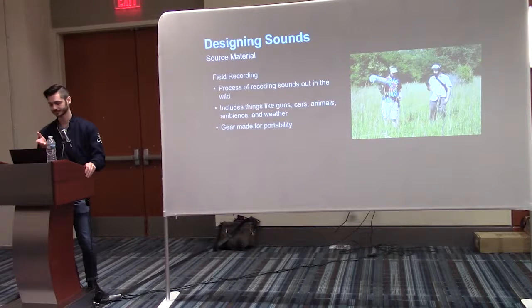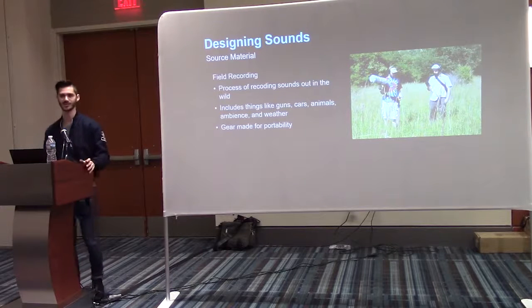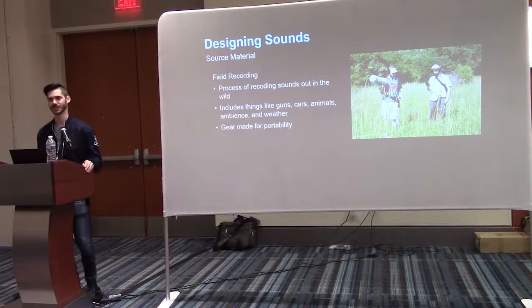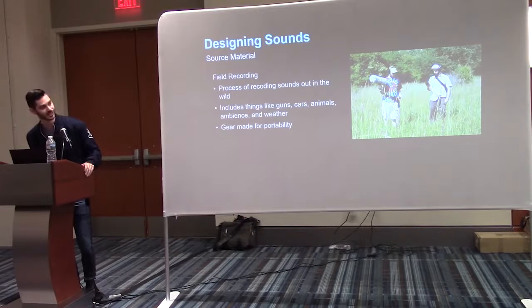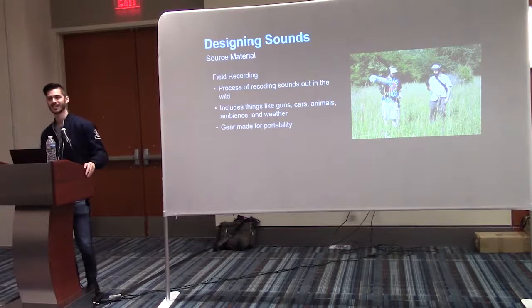The gear is especially made for doing this, so there are recording devices that can run off a battery and microphones that you can hold in your hand. You can see in that picture that fuzzy thing, also known as a dead cat, which is used for dampening the wind noise. So yeah.